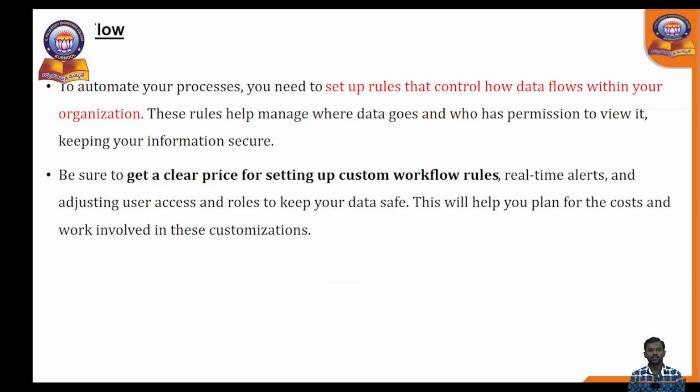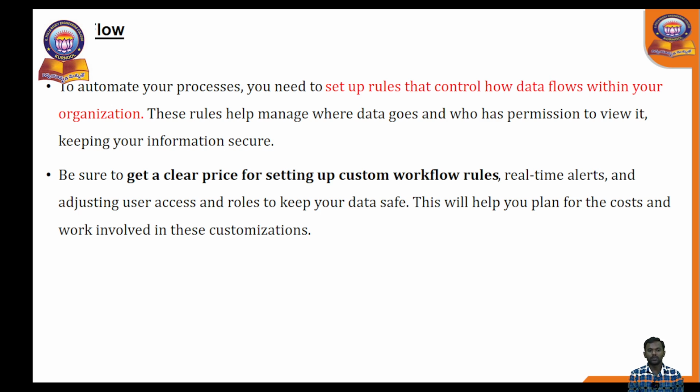Next issue is data flow. To automate our process, we need to set up rules for how data flows in an organization. These rules manage where data goes and who has permission to read it, view it and download it. So this ultimately increases the security of our data.